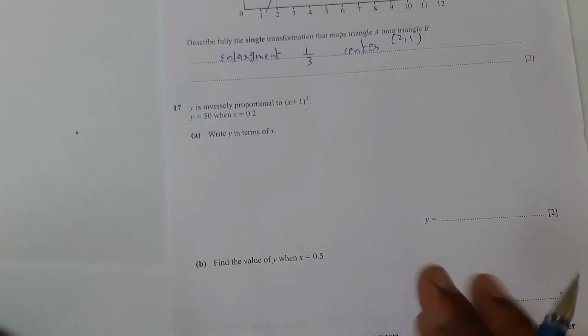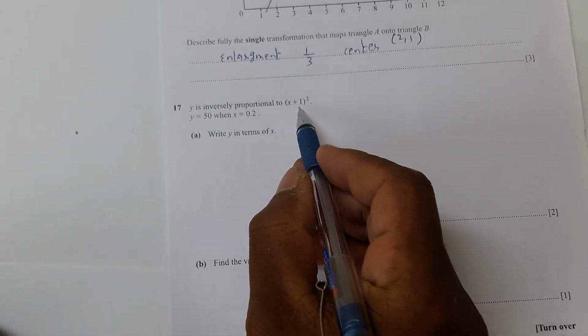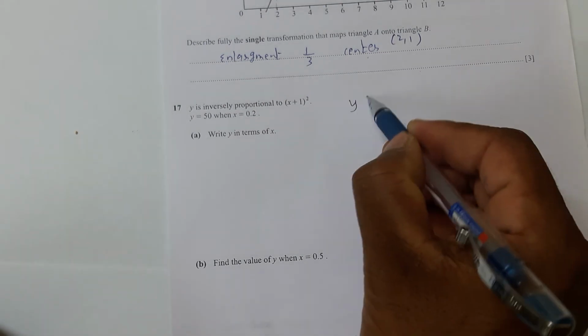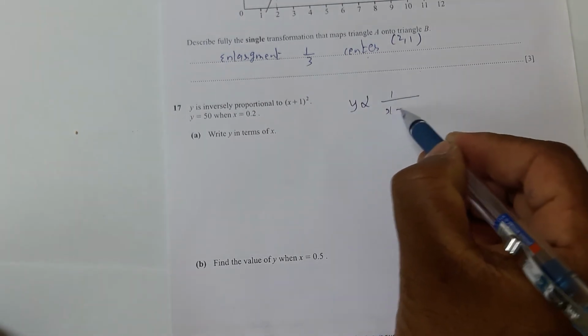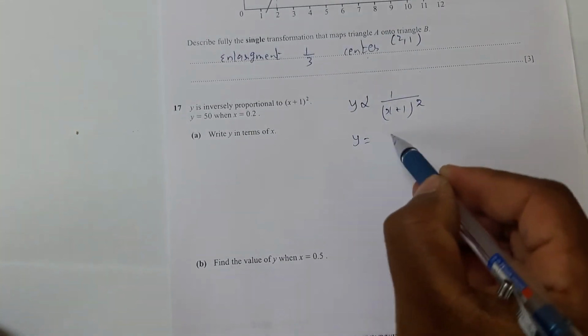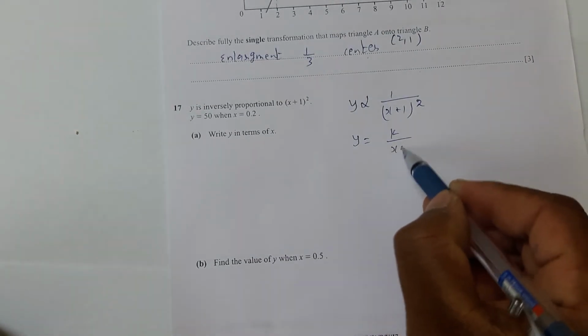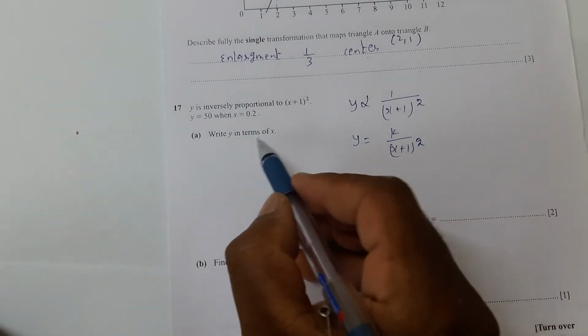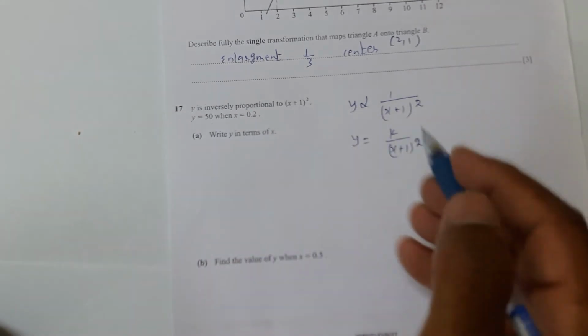Okay. Next one. Y is inversely proportional to (x plus 1) whole squared. Inversely means we write 1 by. To remove the proportional symbol, we place k. To find the k value, one set of values is given.